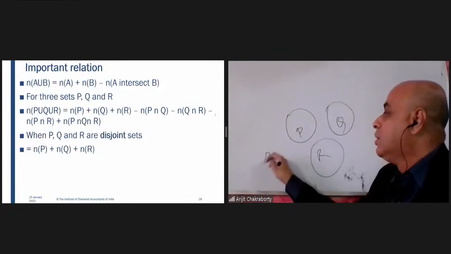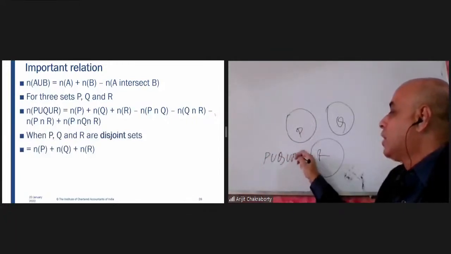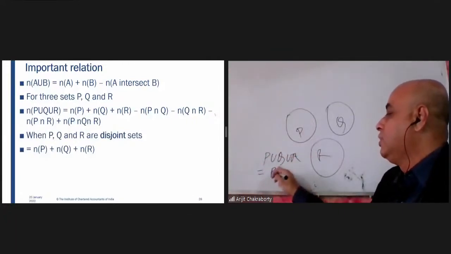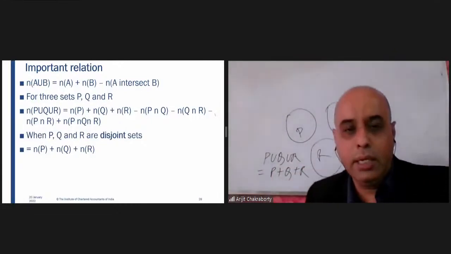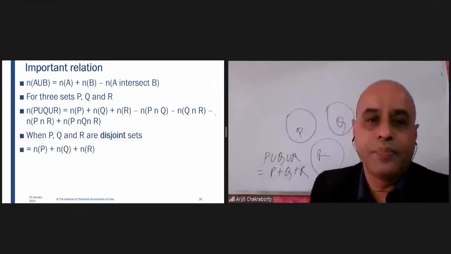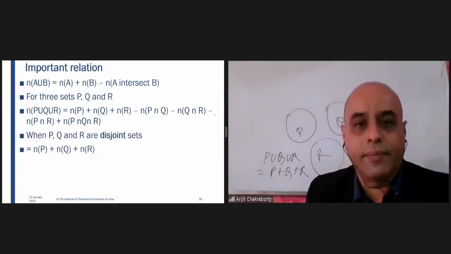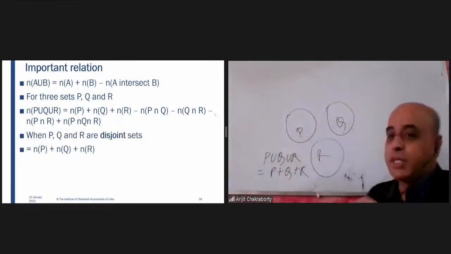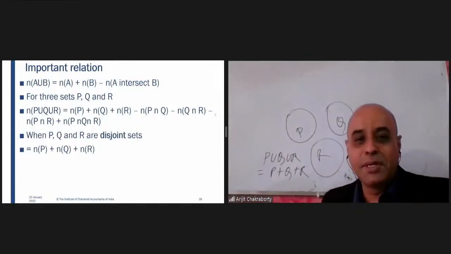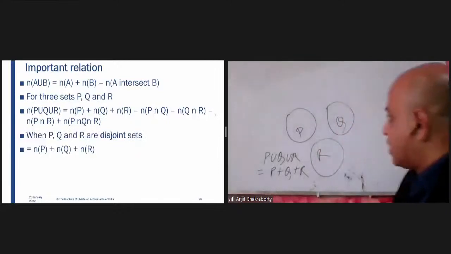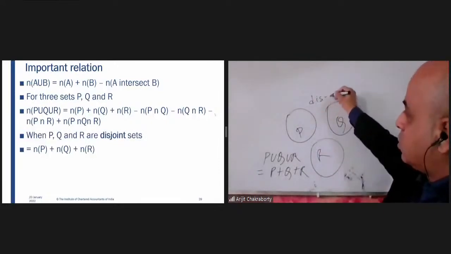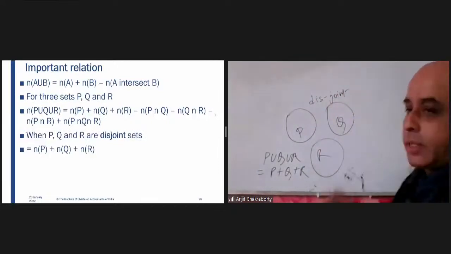So P union Q union R will be simply equal to P plus Q plus R. As simple as that. No question of any treatment for a common shaded area, because they are absolutely not overlapping. So this is called disjoint.